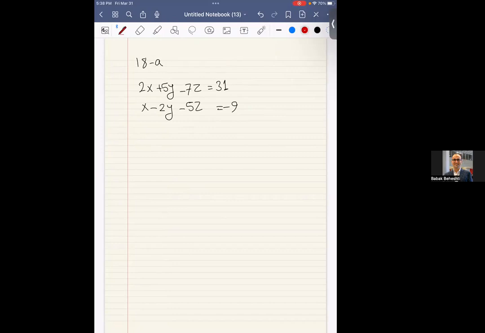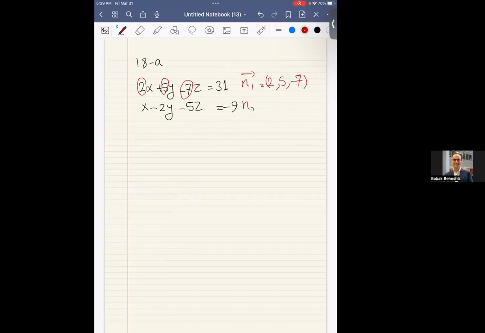So first note that the normal of the first plane, say n1, is equal to (2, 5, -7). The normal is the coefficients of x, y, z whenever you have the scalar equation.